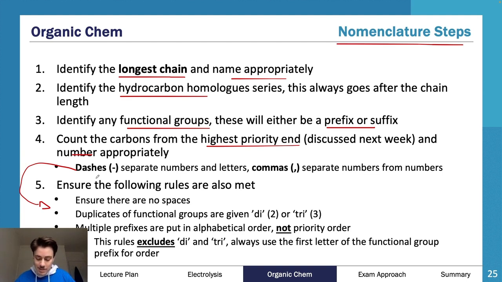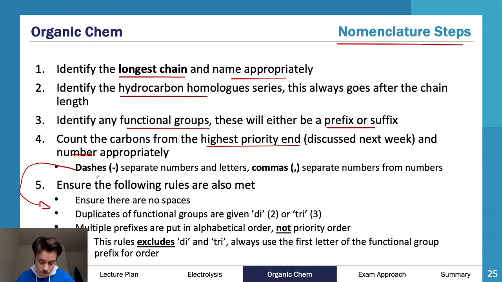When you are writing out the name of something, if you have a number, so 2-methyl, it goes 2-methyl. Really important. Now, if I have 2 of something, so let's say I've got 2 side chains, and I've got a methyl group at the 2nd carbon, and I've got a methyl group at the 3rd carbon, and I know that I'm going to have to do dimethyl.